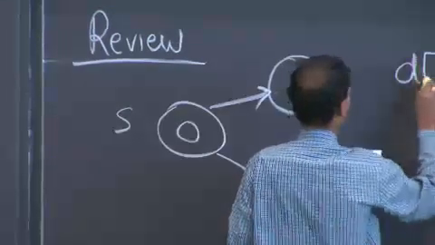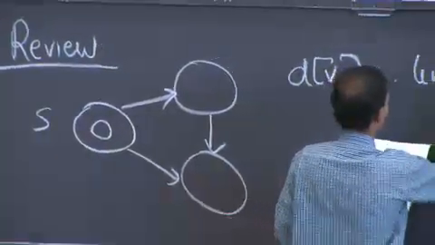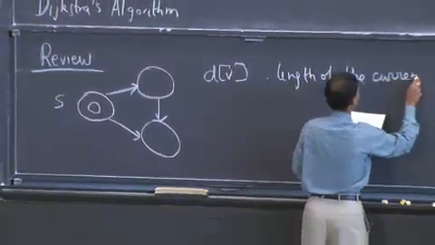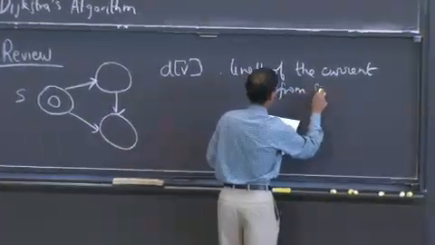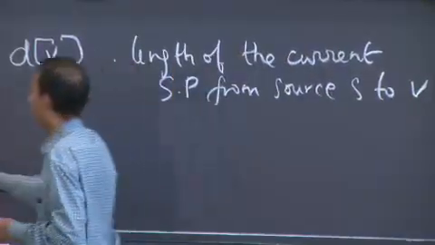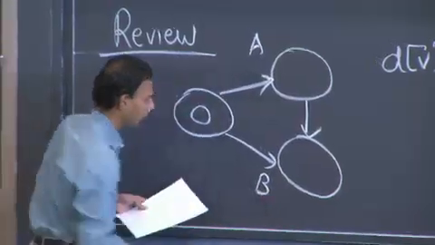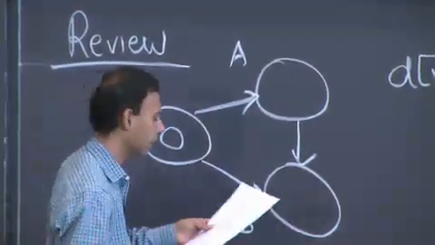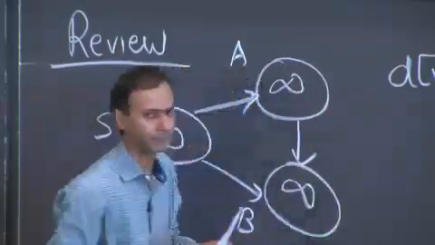So we think of d of v as the length of the current shortest path from the source S to v. Given the source S, the length to the source is 0, so d of s is 0. It starts at 0 and ends at 0. And the other ones are initialized to infinity.